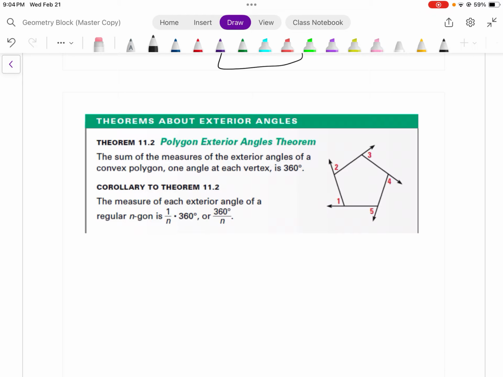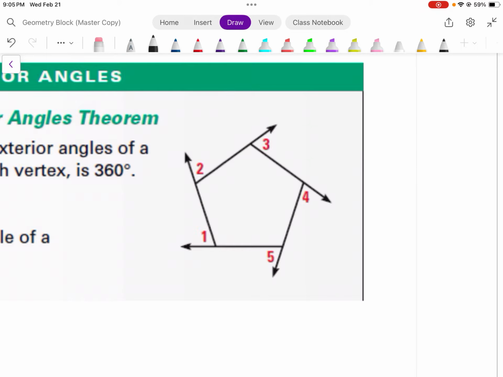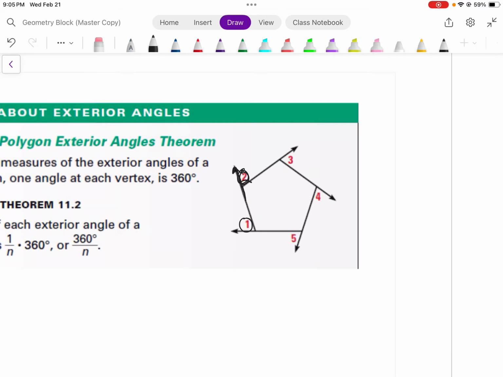All right, now we do need to also talk about exterior angles of polygons. Nice thing with exterior angles, no matter how many sides there are, the exterior angles always add up to 360. My exterior angles are like if I extended the sides and it's the angle formed with that next, consecutive side of the polygon.